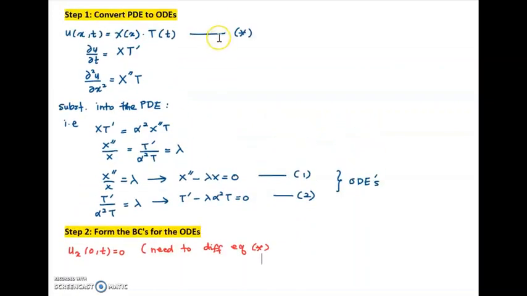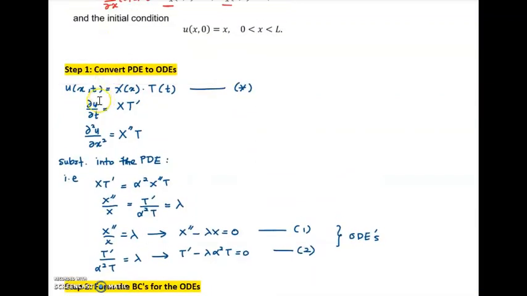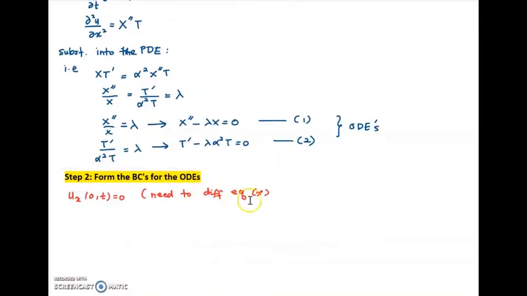We cannot use this condition directly because this is u(x,t), not u subscript x. This is not the derivative yet. So we need to differentiate that equation first before we can use the given condition.